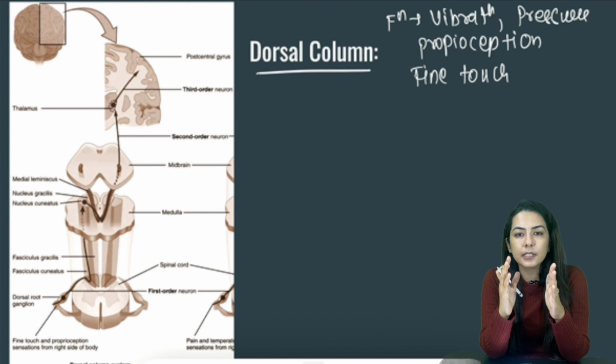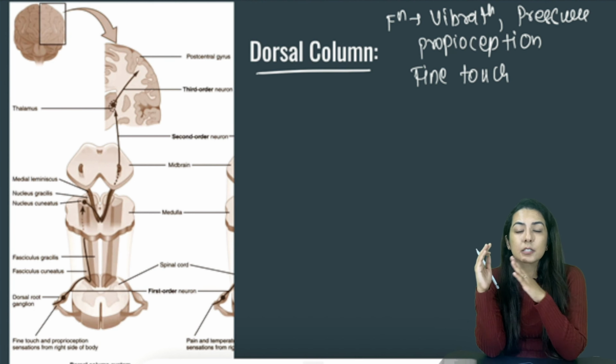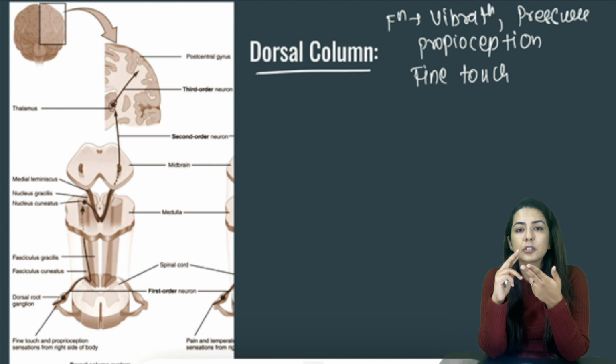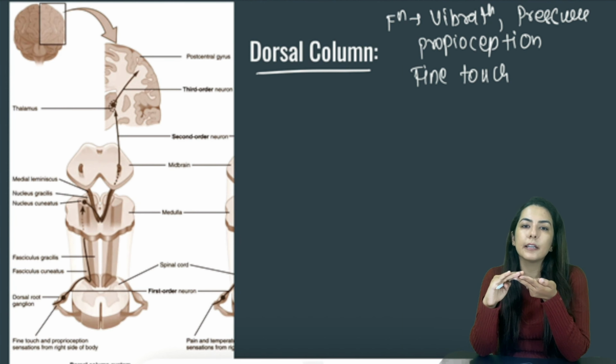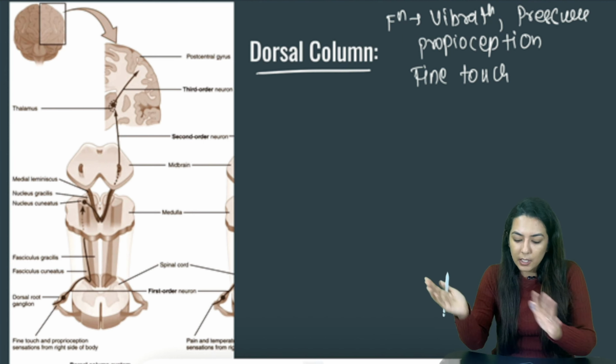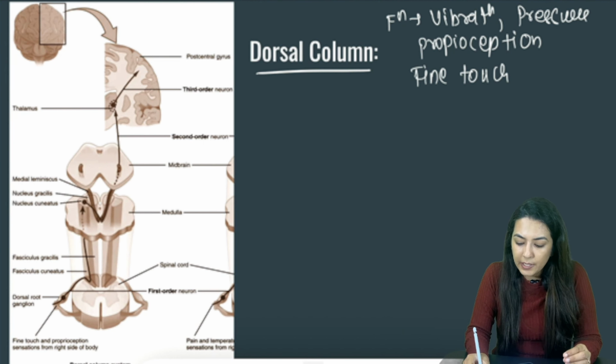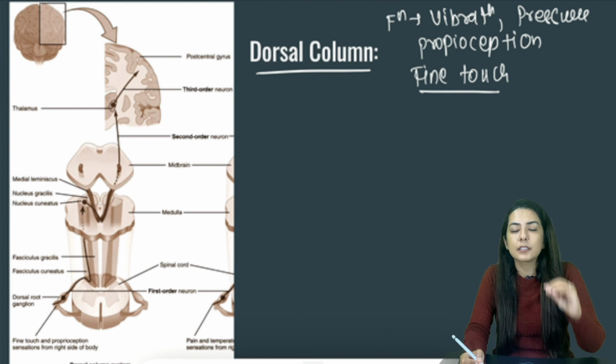Dorsal column is a sensory system, and it is heavily myelinated. Spinothalamic tract is not heavily myelinated. It is a combination of two types of fibers, A delta nerve fibers and C fibers. C fibers are unmyelinated and A delta fibers are less myelinated. So dorsal column is one of the heavily myelinated sensory tracts, and it carries the sensation very fast.